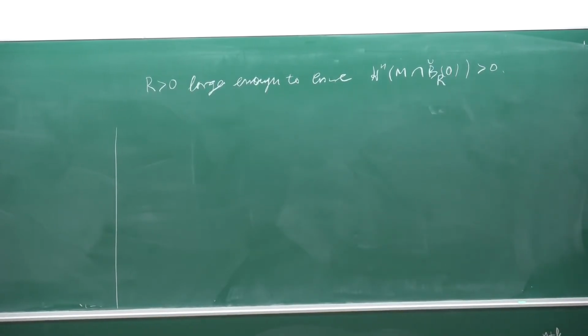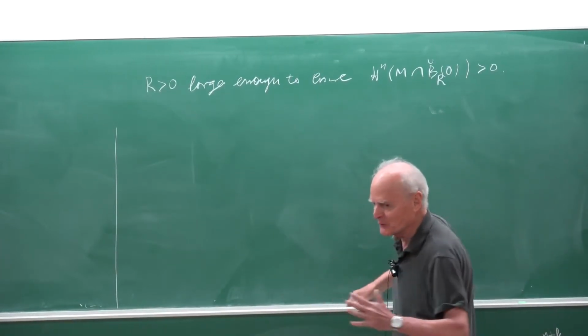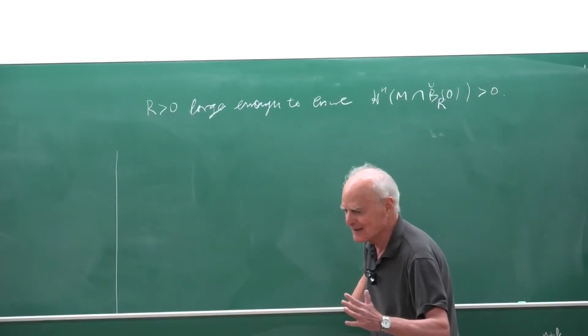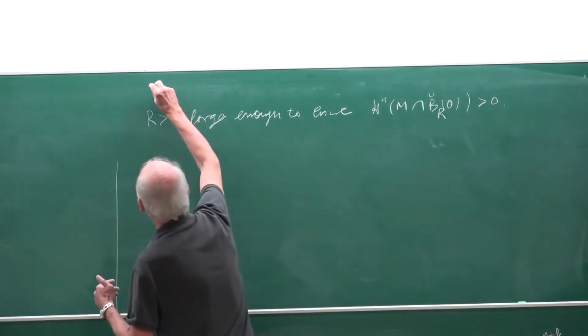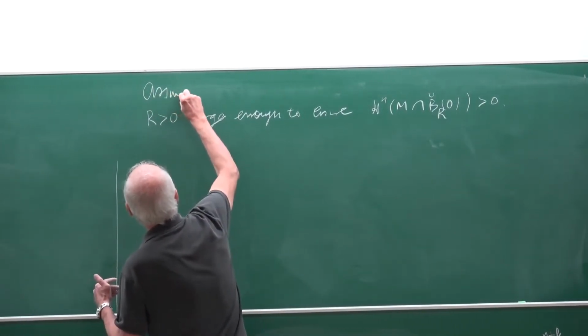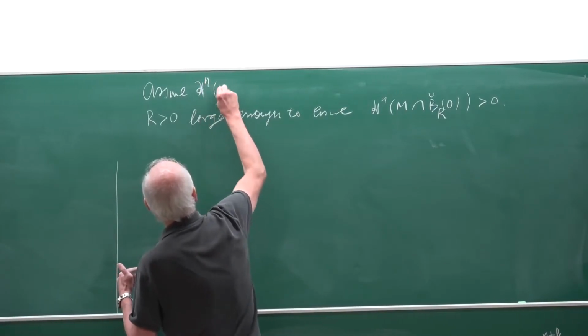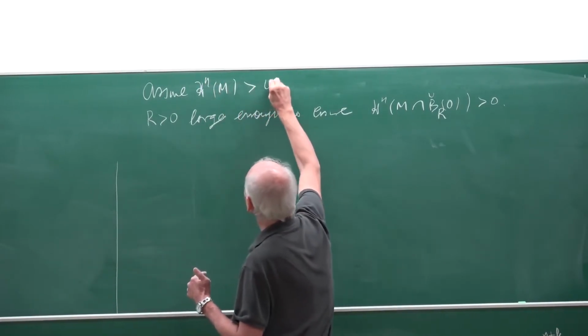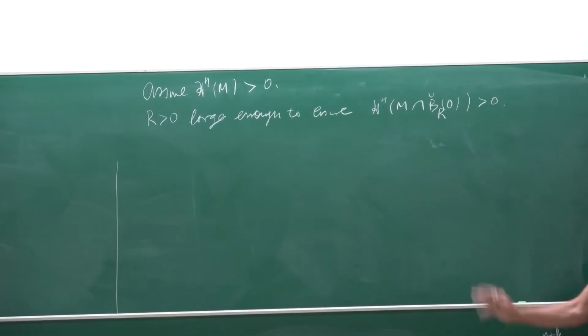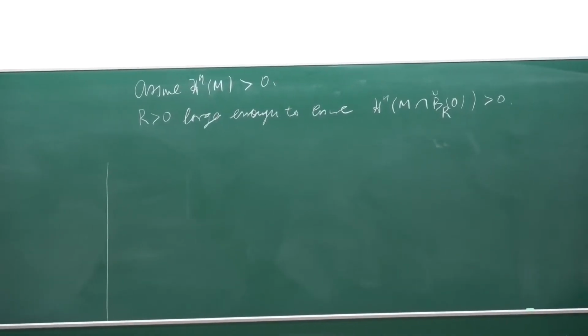By the way, if H^n of M is 0, there's nothing to prove; that's trivially true by definition. So assume that H^n of M is positive, maybe infinite, but at least positive. Otherwise, nothing to prove. Take an R large enough so that that's true.